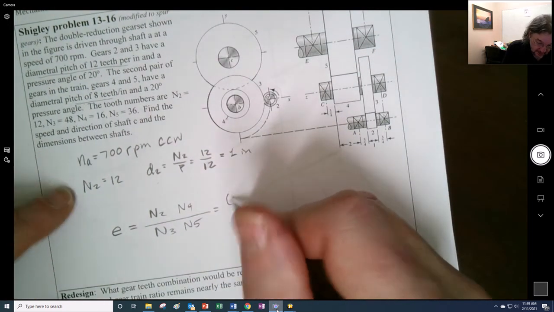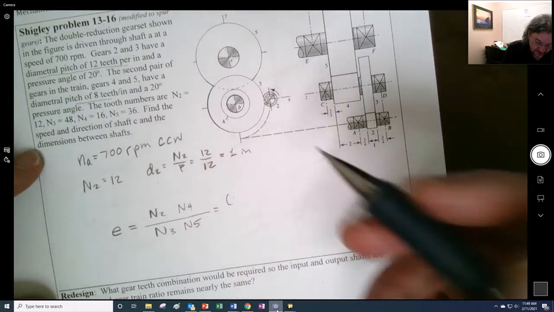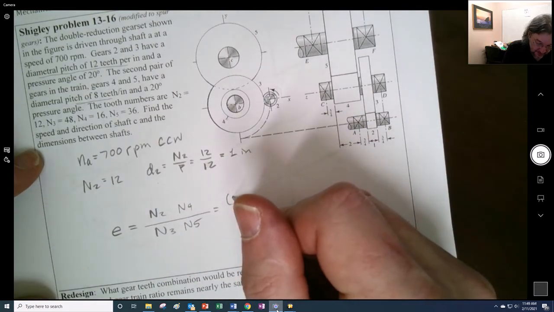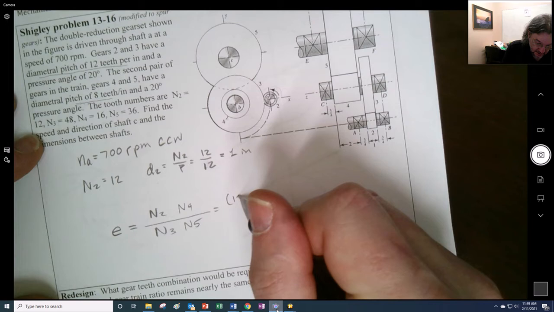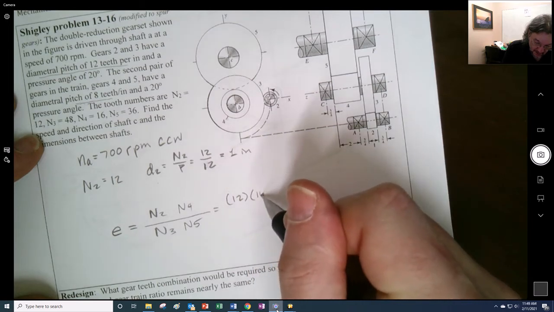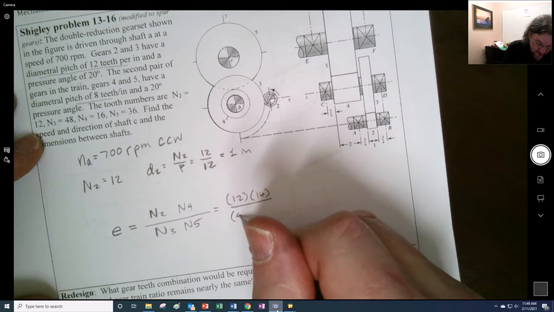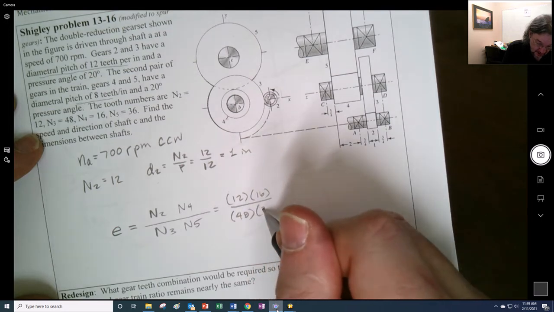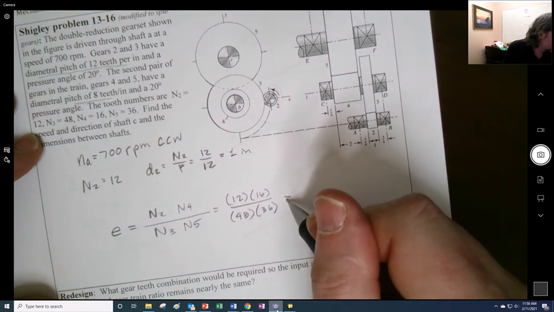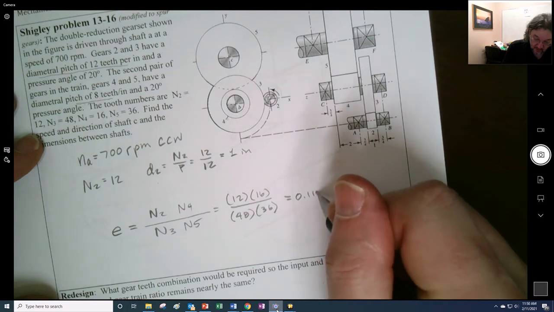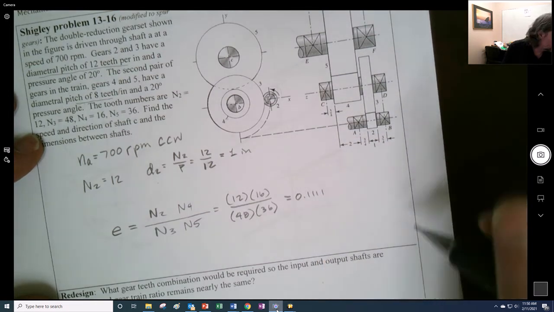There are 2 stages, and each stage reverses. So you're going to have 12 and 16 driving 48 and 36, and so you have a 0.1111 ratio going on here.